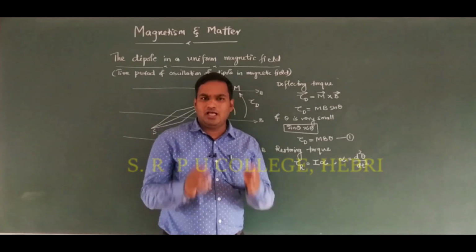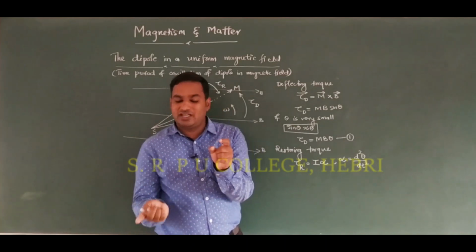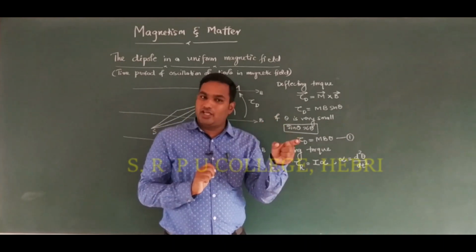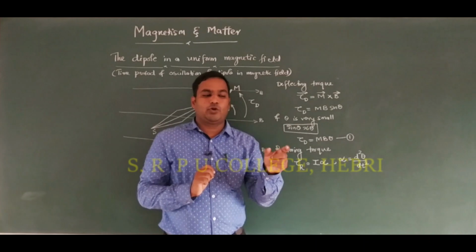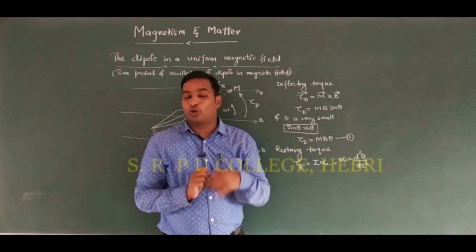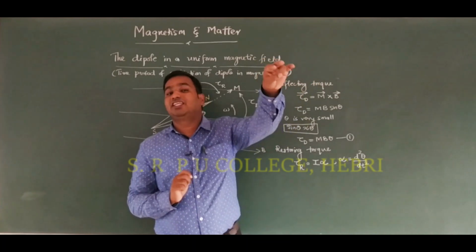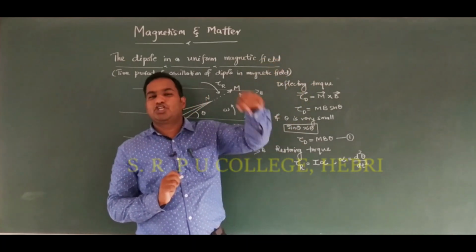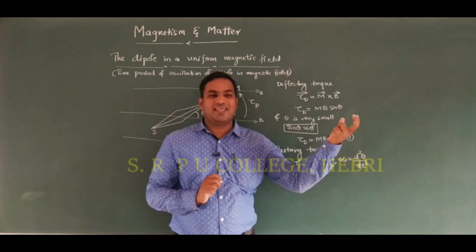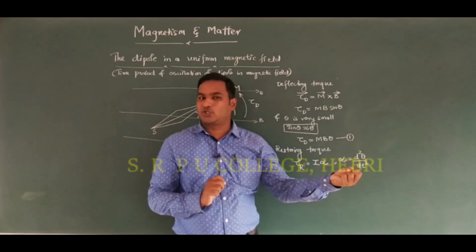How did we get this formula? Simple logic. Displacement is x. In rotational motion, displacement is theta. In linear motion, velocity v is equal to dx by dt. In the same way, in rotational motion, omega is the angular velocity, equal to d theta divided by dt, the rate of change of angular displacement. In linear motion, acceleration a is d square x divided by dt square.